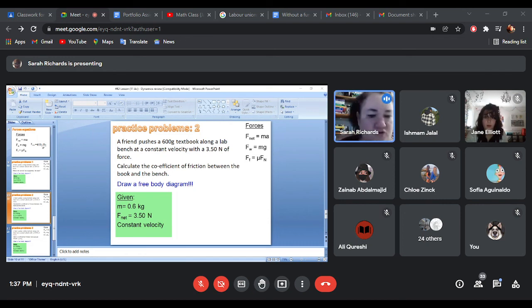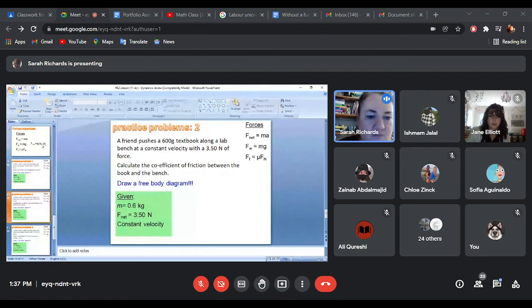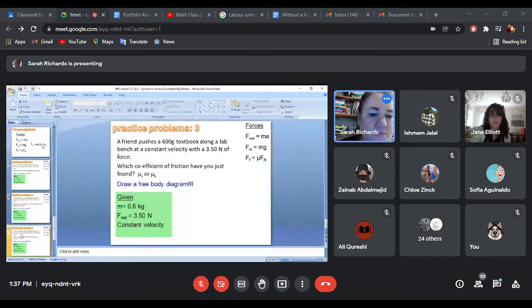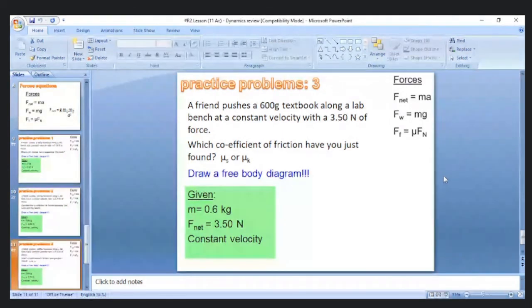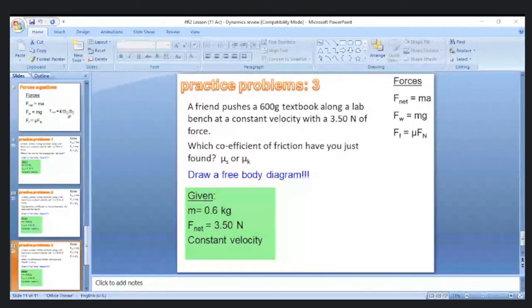I have just got one last question to do as an example. Still with the same 600-gram textbook going along the bench at constant velocity. The last and final question is, seeing as we worked out the coefficient of friction there, which coefficient did we work out?